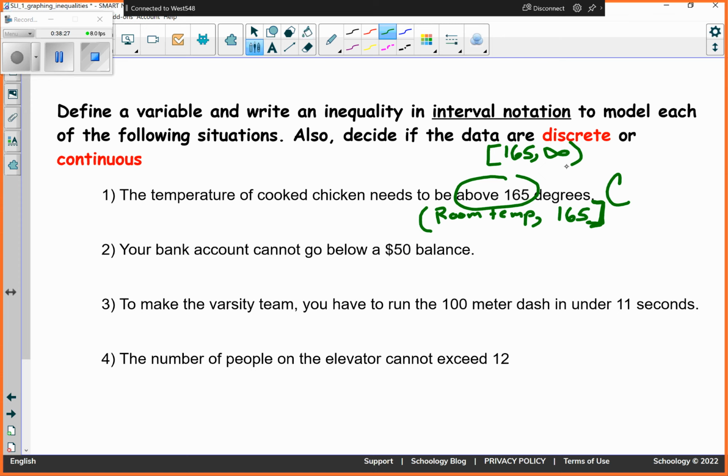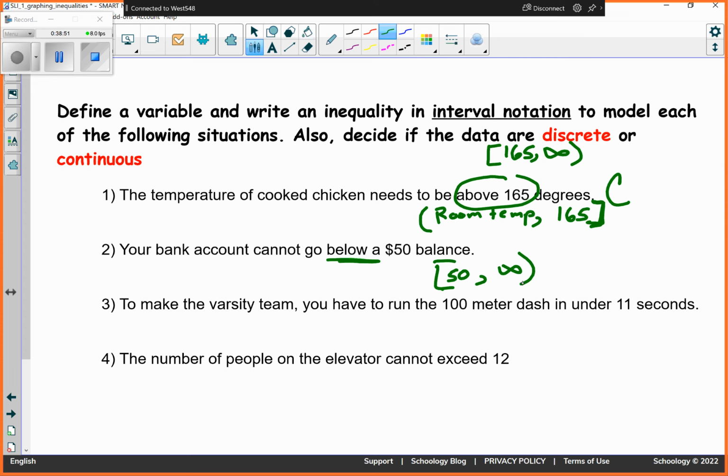All right. So my friends, my bank account can't go below $50. So I can't go below $50. Now, I could have infinite money on there. Now, here's a weird one.